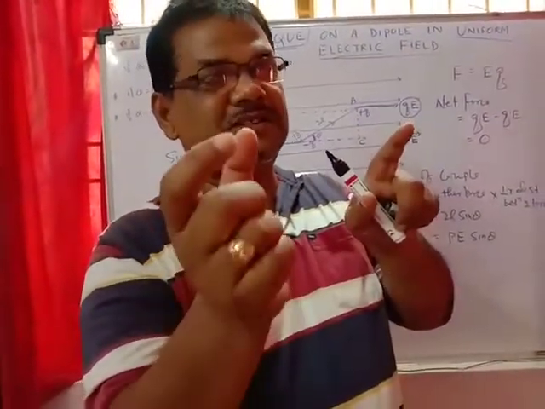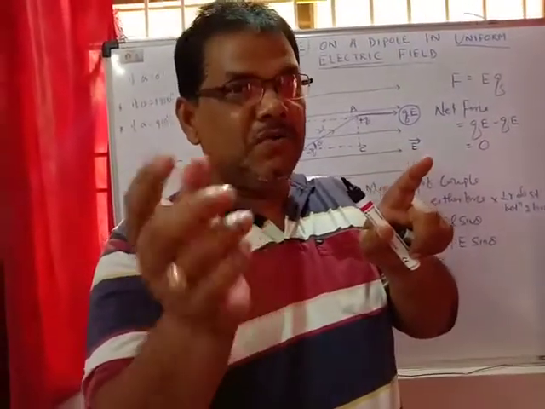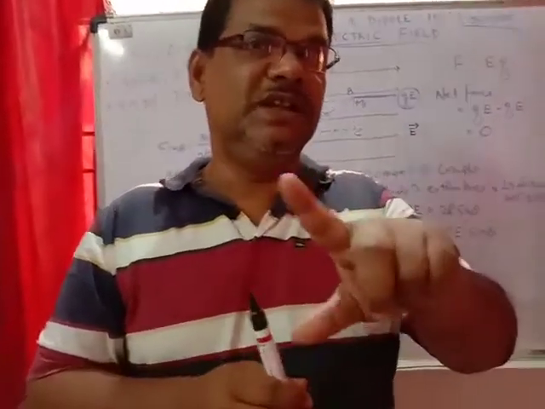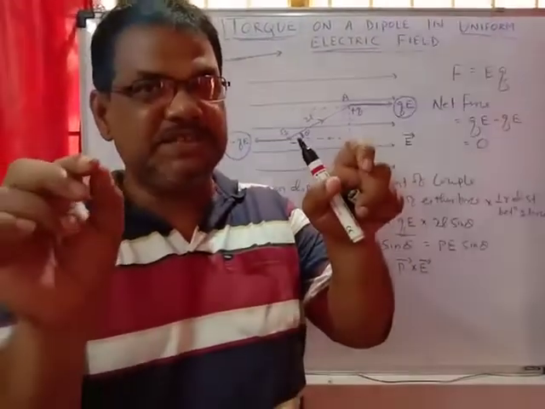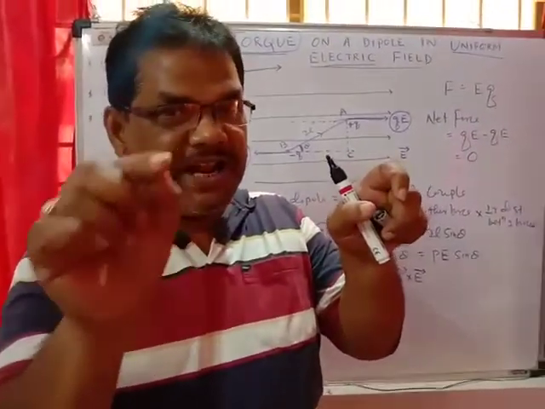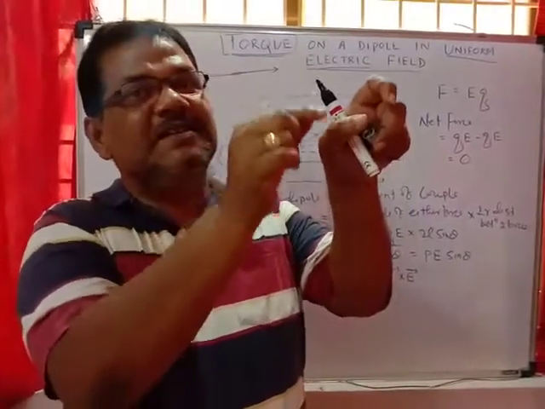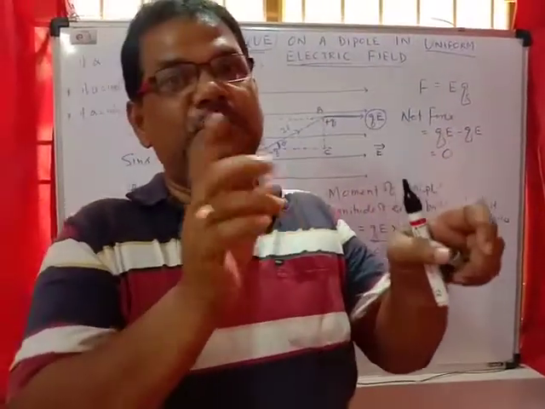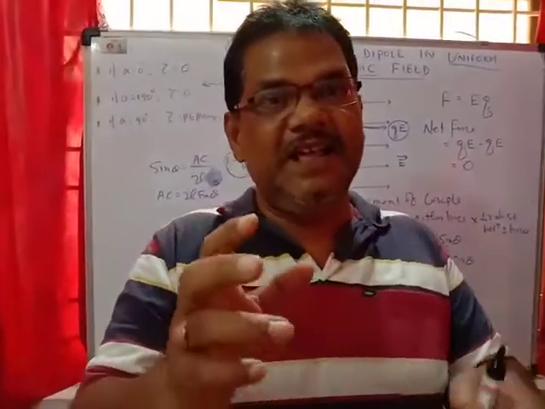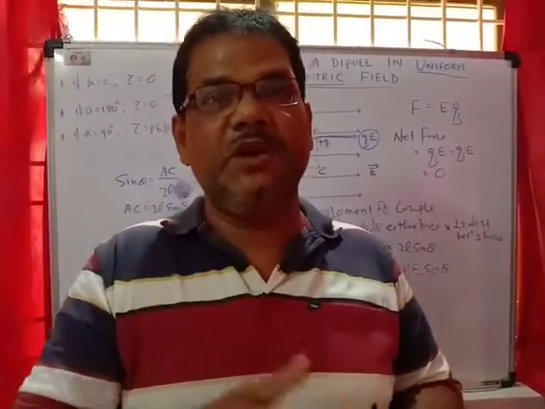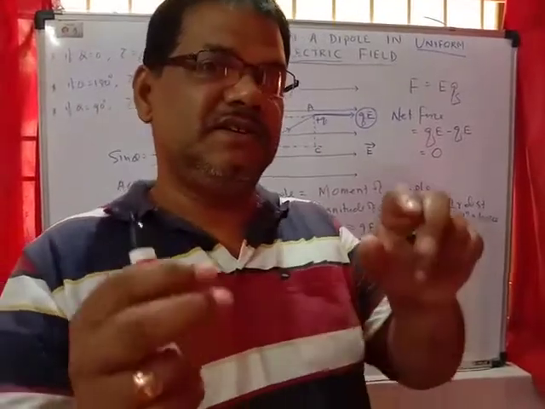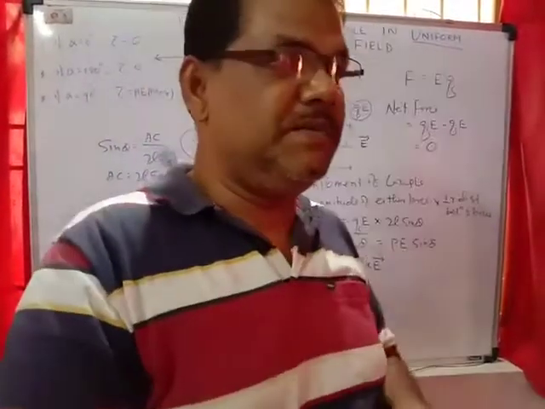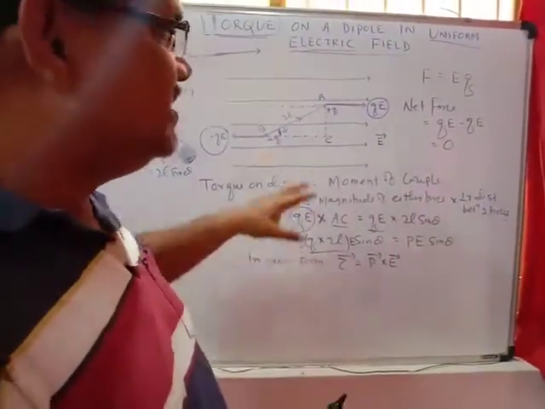That dipole will experience both linear force and torque. Due to this, the small pieces of paper will rotate and move towards the comb. In this manner, the small pieces of paper are attracted towards the charged comb.